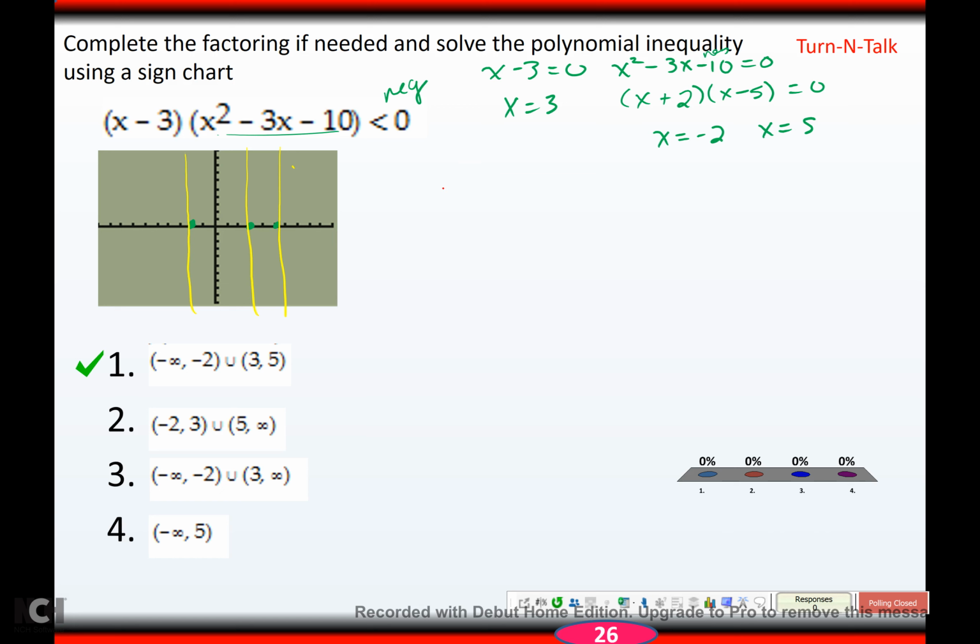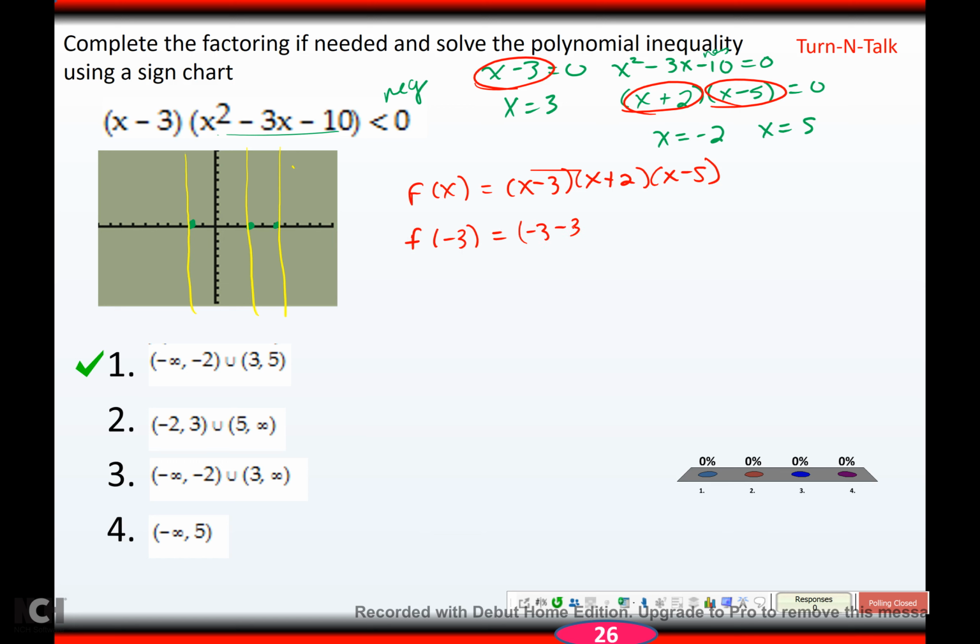So again, if I rewrite my function as x minus 3 times x plus 2 times x minus 5, and I plug in, I'm trying to find f of negative 3. So this would be negative 3 minus 3, negative 3 plus 2, negative 3 minus 5. This is going to be negative, negative, negative. A negative times a negative is a positive, times a negative is a negative. So this section is negative.